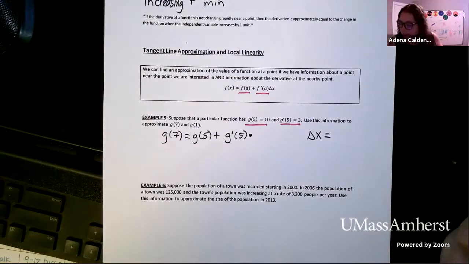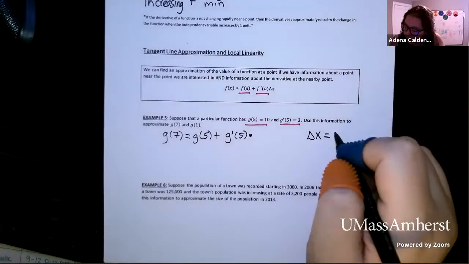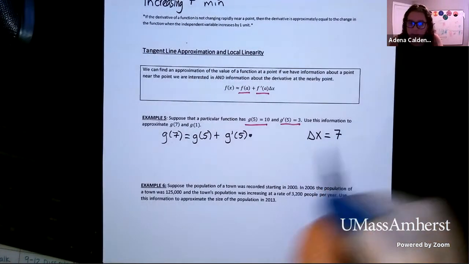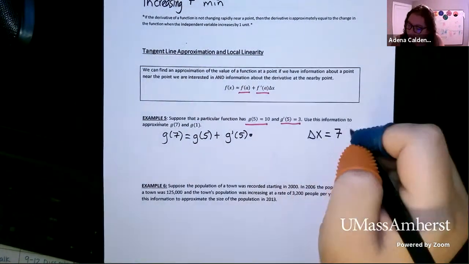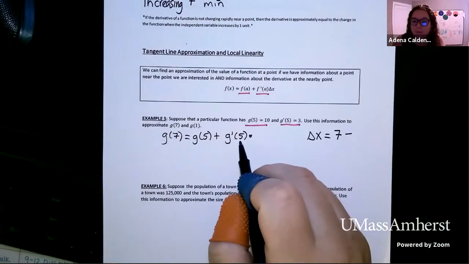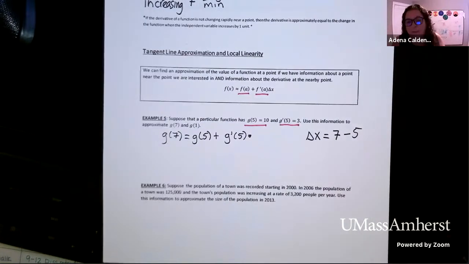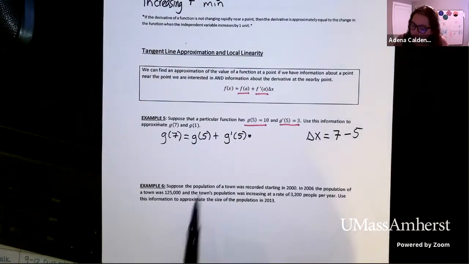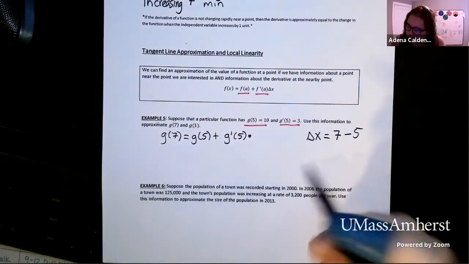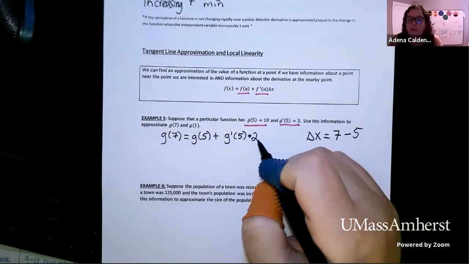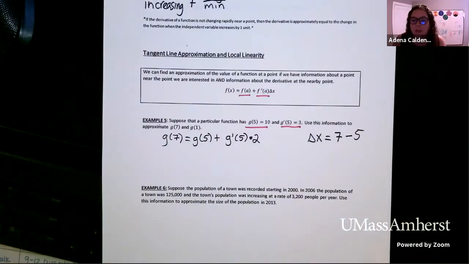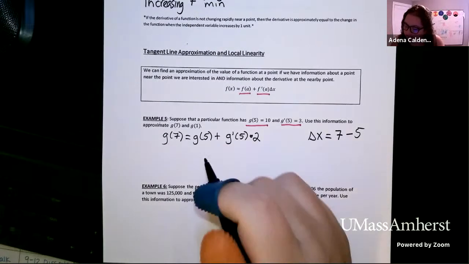And the way that I get that is by looking at the difference between the point that I want, which is 7, minus the point that I have information about. So 7 minus 5. So that means that I am approximating 2 units away. So to go from 5 to 7, I'm moving 2 units away, okay? So that's what my formula looks like.